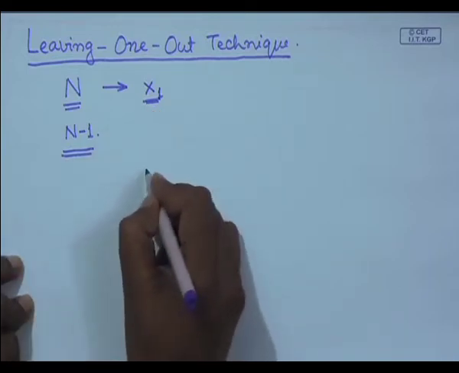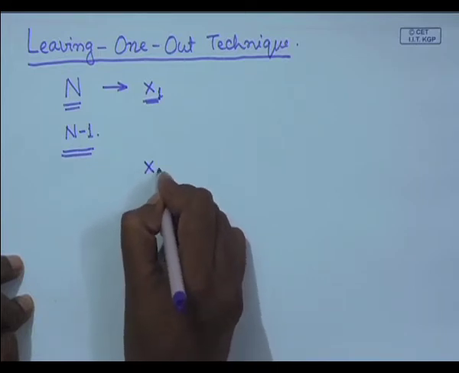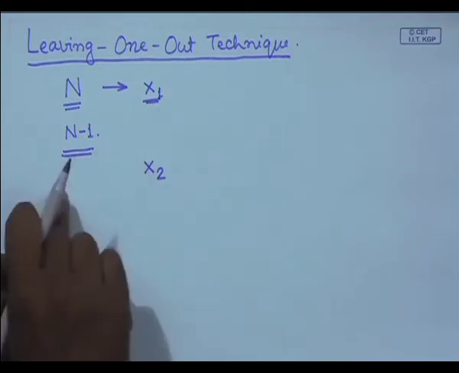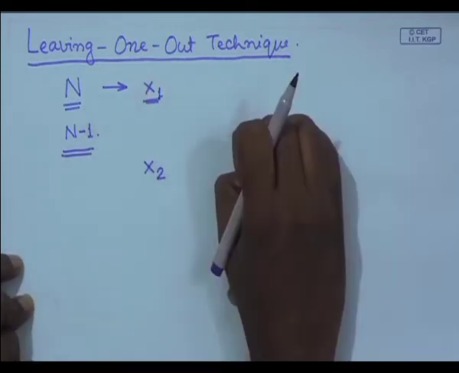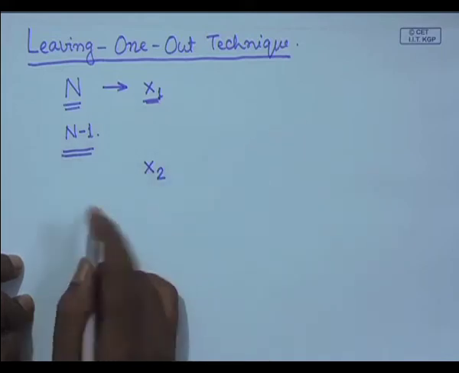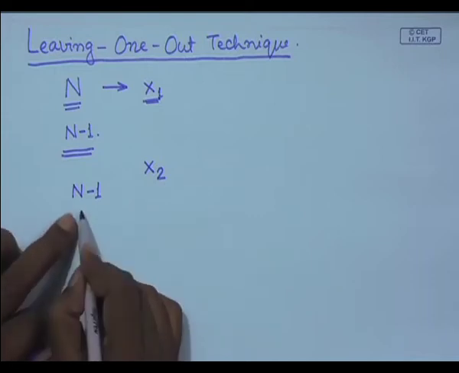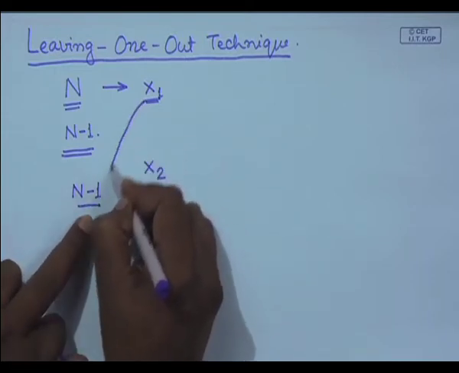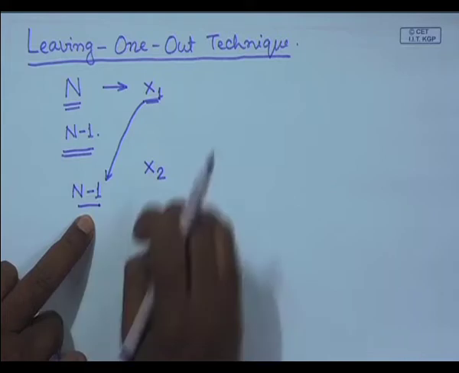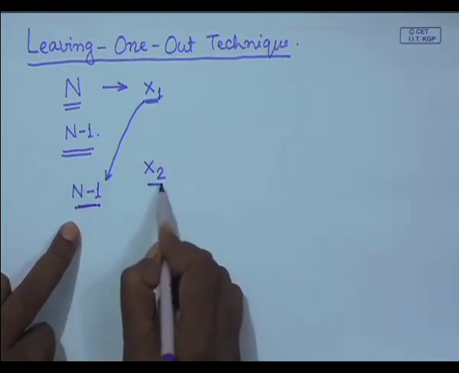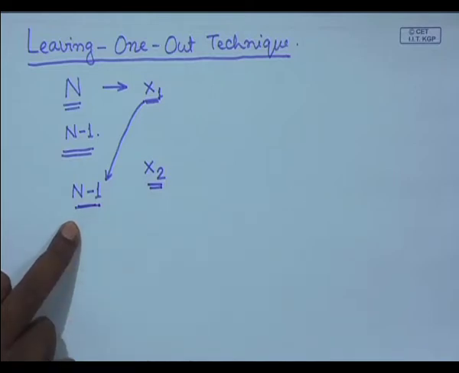Next, I set aside another sample, say x 2, and use x 1 for training again. If I set aside this training sample x 2, I am again left with n minus 1 samples for training, where these n minus 1 samples include x 1 and exclude x 2. Using these n minus 1 samples, again you design the classifier, and using x 2 you test the classifier.